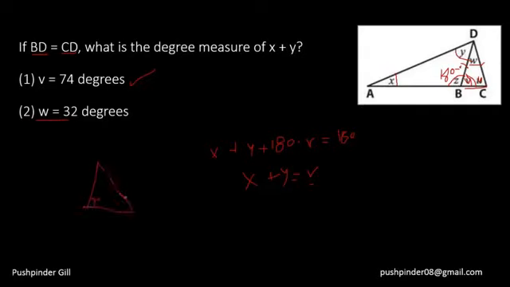If this is equal to this, and from the first statement it gives me 32 degrees here. So what will I get V to be? 2V plus 32 is equal to 180 degrees, and from here I'll get V to be 74, isn't it? Now this is giving me V to be 74. Once I have V to be 74, again the statement would be sufficient, and hence D will be my answer.